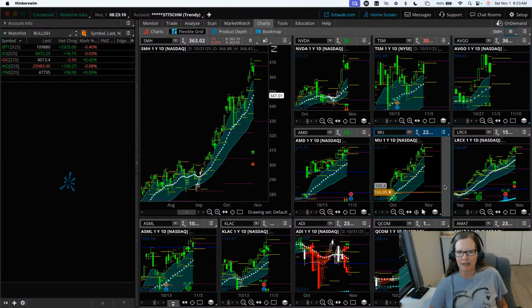I want to see green candles. Now, I will trade names with red candles if I'm looking for a LEAP trade because I love to buy on sell. If it's something I'm looking to trade for a year or more, or maybe buy equity on, it would have to be on super sell, and then I'm going to have red candles.